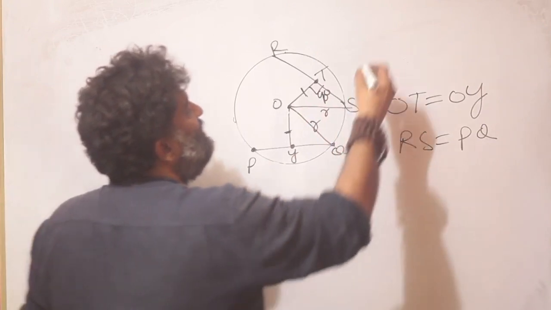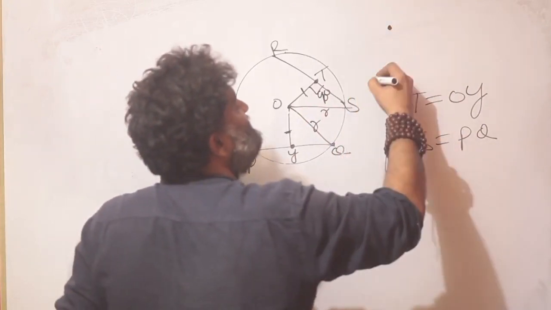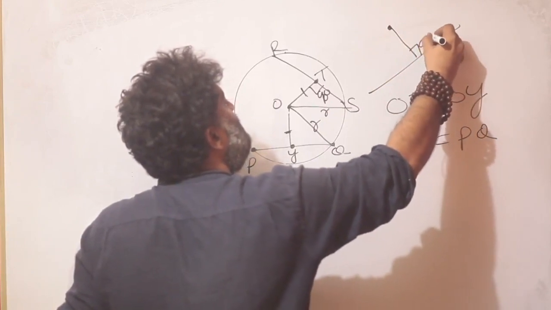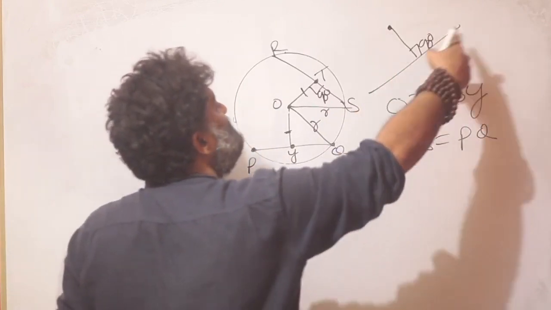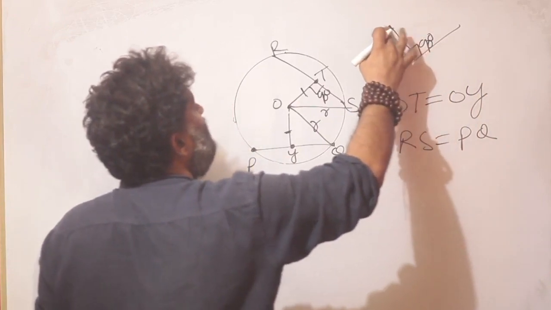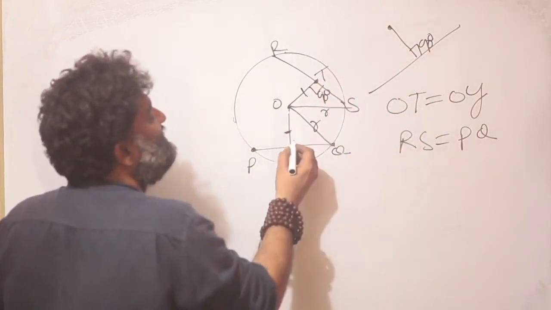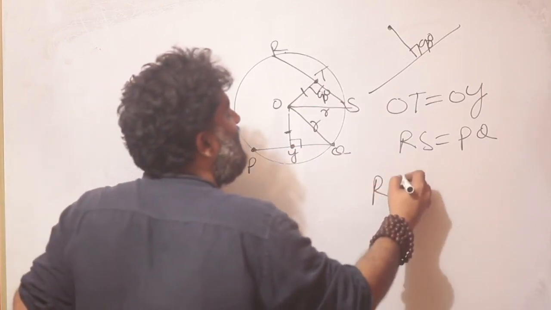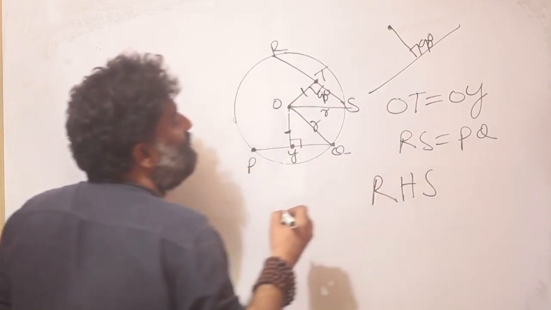How do I know that? Because if I want to find the distance of a point from a line, I am looking at the perpendicular. The perpendicular is the shortest distance between the line and the point. So I know this angle is 90 degrees and this is also 90 degrees. Once again, RHS congruence kicks in.